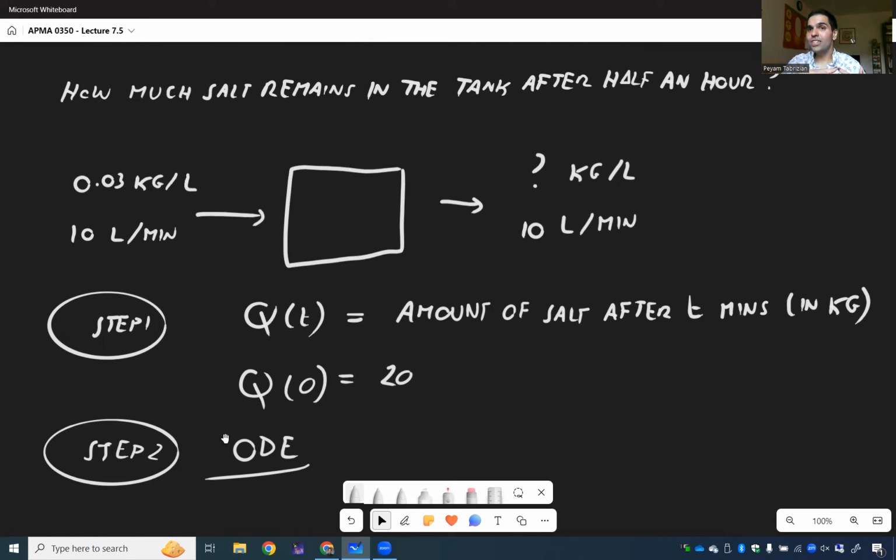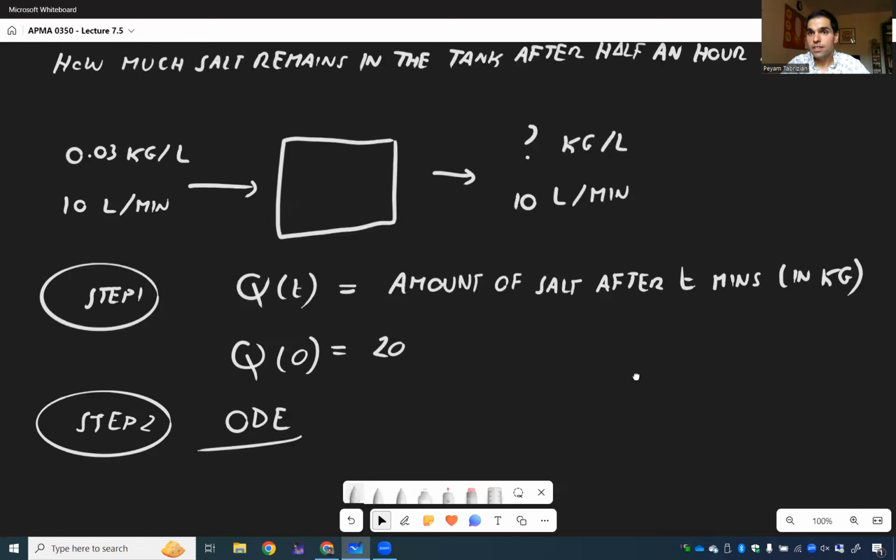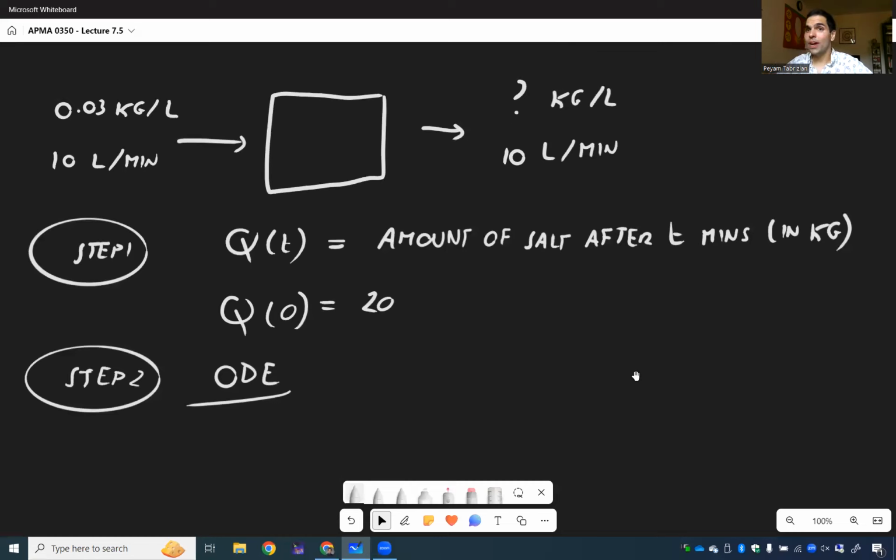And by solving the ODE, we'll translate it back to the real problem. By the in and out equation that I discussed in the previous video, the rate of change, dQ/dt, is in minus out. So we need to figure out how much goes in minus how much goes out. Once we have that, then we have our differential equation.